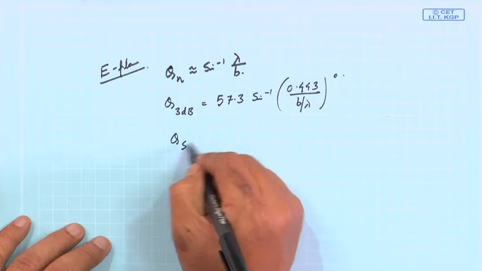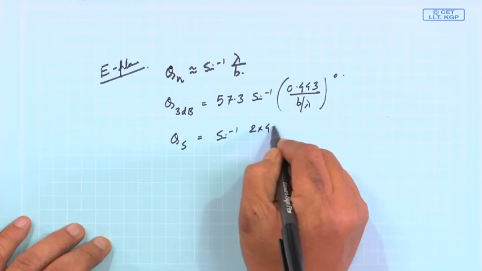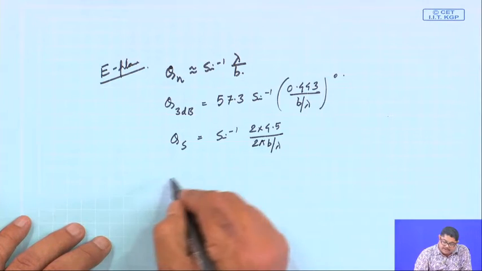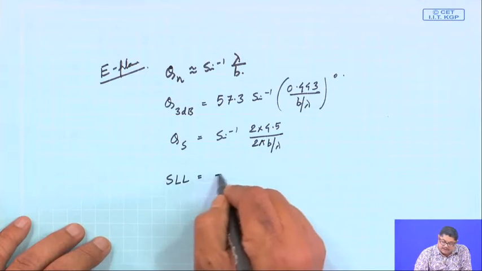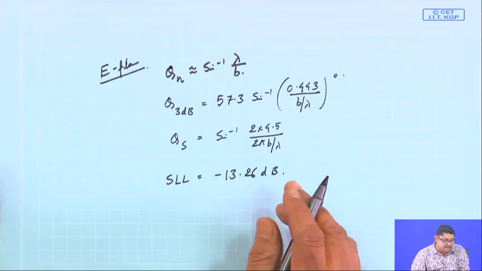Theta s will be sin inverse of 2 into 4.5 by 2 pi b by lambda, and the side lobe level is again the same, minus 13.26 dB, etc.